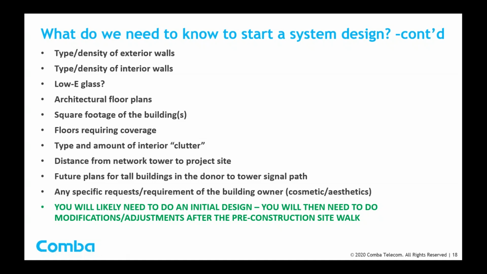They generally won't have any requests on the technical side, but they may have some cosmetic and aesthetic concerns. Well, we don't want the antennas in this part of the building visible, which means you might have to build some kind of a structure to cover those antennas that won't affect the signal, but will hide them from plain sight.